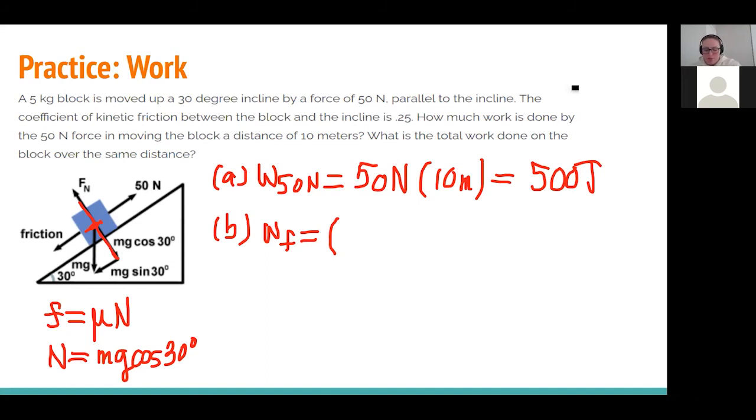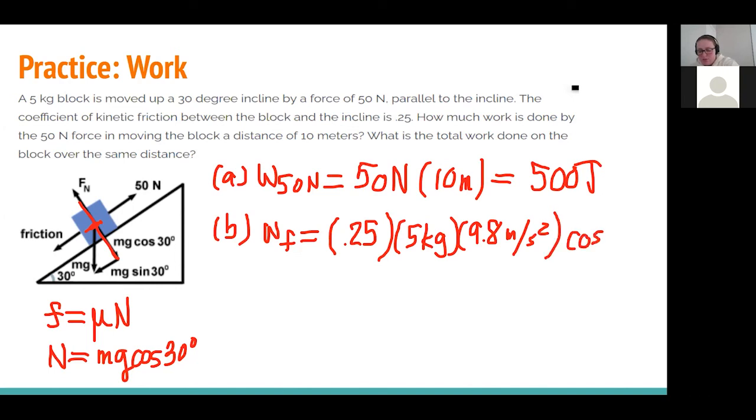So my friction force should equal mu, which is 0.25, times mg, so that's 5 kilograms times 9.8 meters per second squared. All of this we know, we've done this in forces, times cosine of 30 degrees.